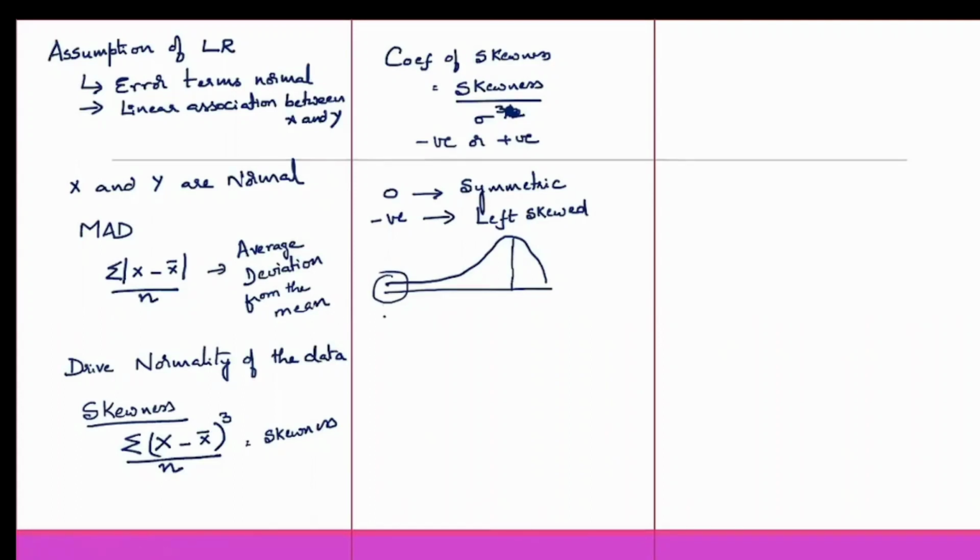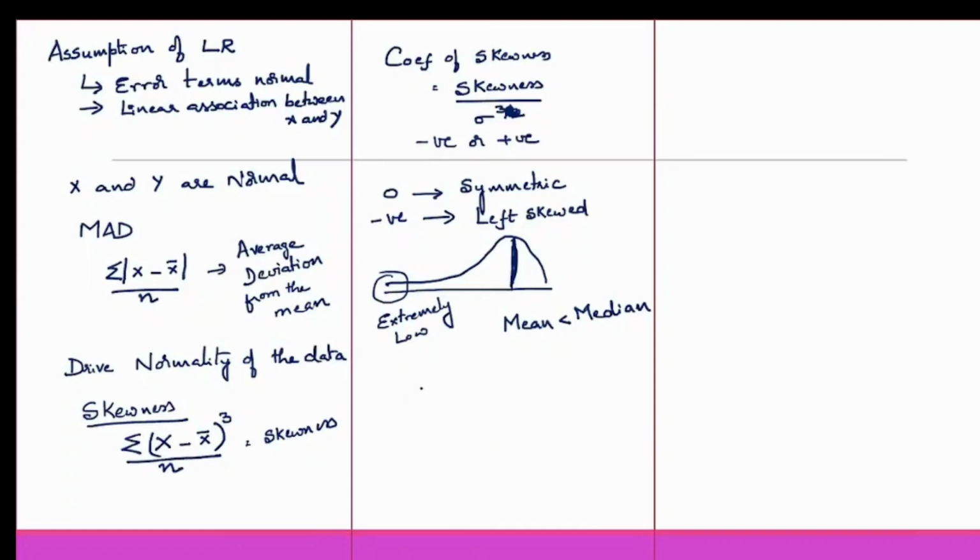So extremely low values are possible here compared to the rest, but the major chunk of the observations would be concentrated towards the higher values. In these kinds of scenarios, you will find negative skewness. And one of the typical characteristics in negative skewness is that the mean is much lesser than the median. Now, why do we do that? Just wait for a few minutes.